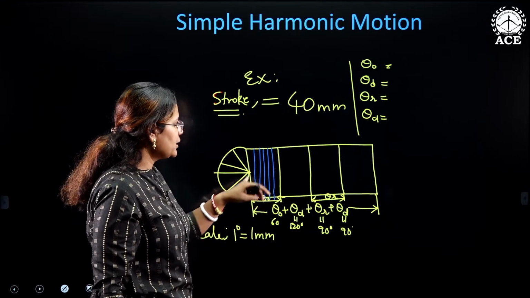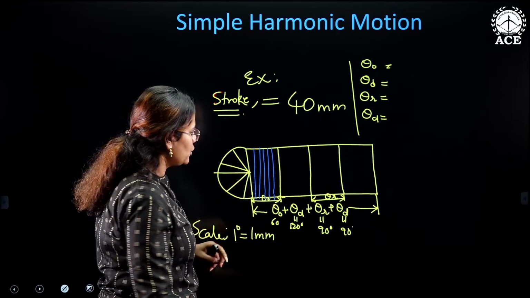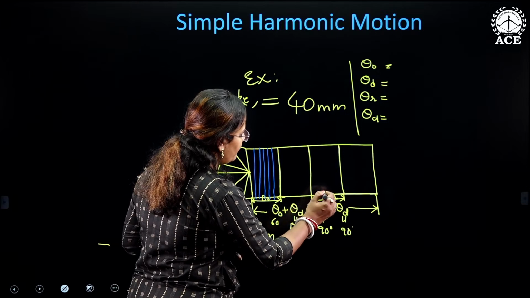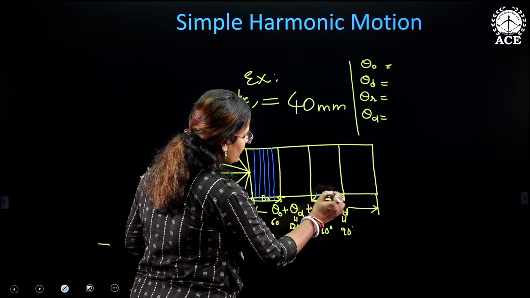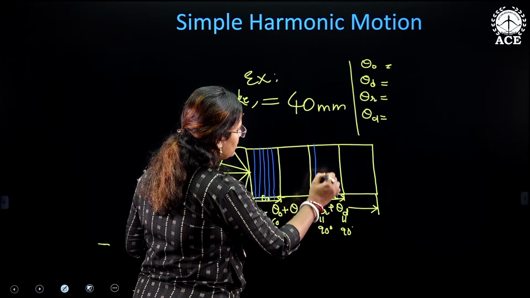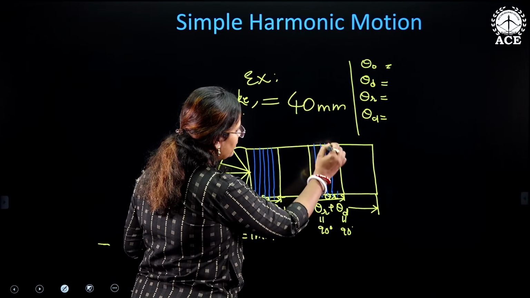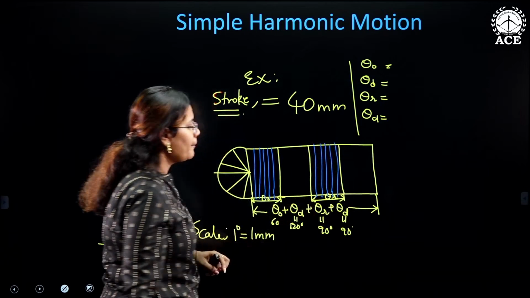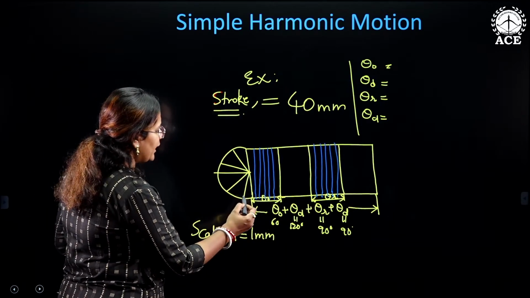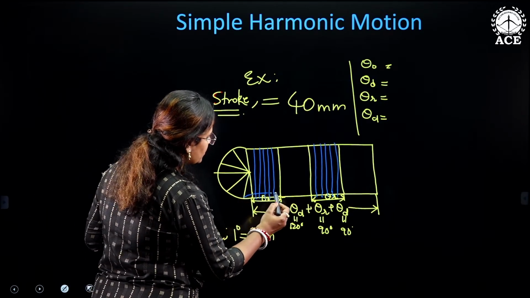So this rectangle is now divided into 6 equal parts. Same thing here also. I'm dividing this rectangle into 6 equal parts again. And from each line over here, let us draw the projection.